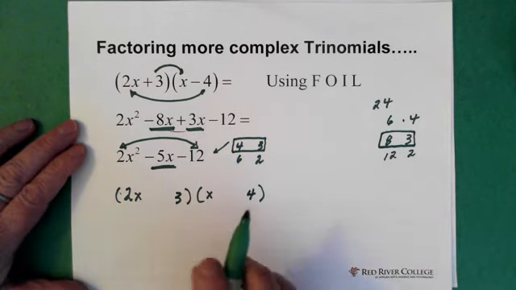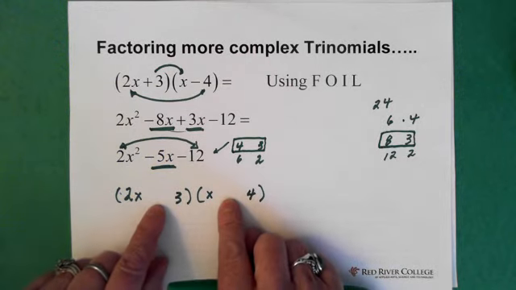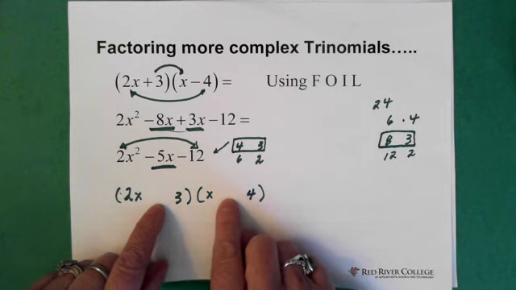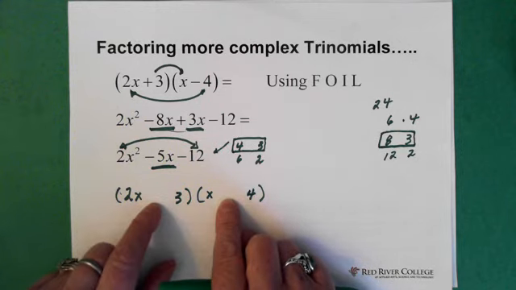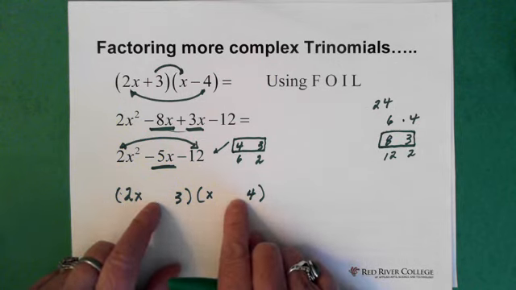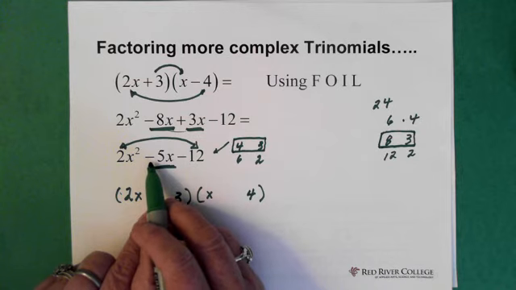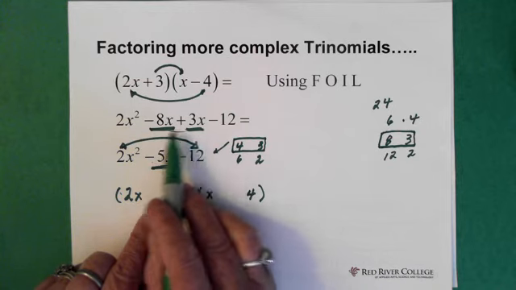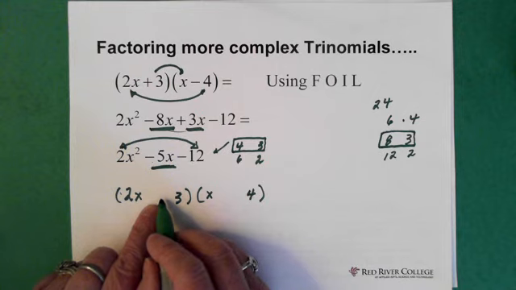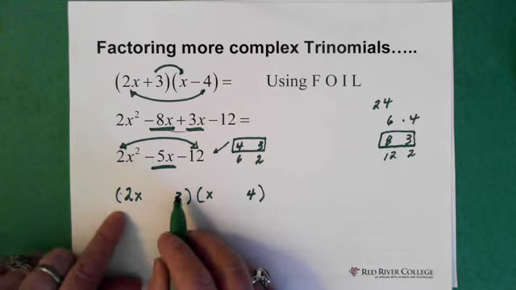Now I have to think about the signs. I have a minus 12 here, that tells me these two signs are different. So either a negative here and a positive here, or a positive here and a negative here. I also notice that it's a minus 5x. So that means when these two are added together, I end up with the larger number being negative.